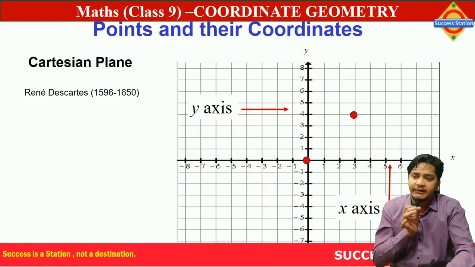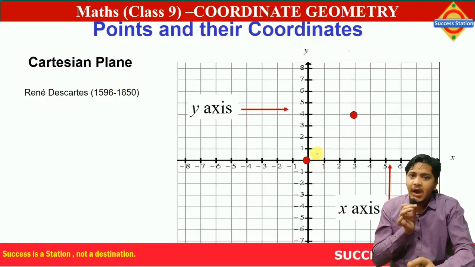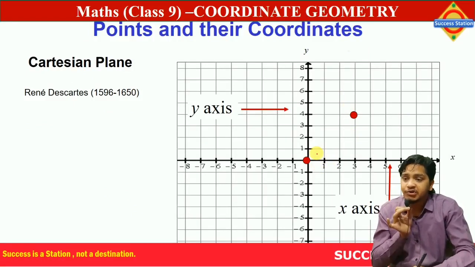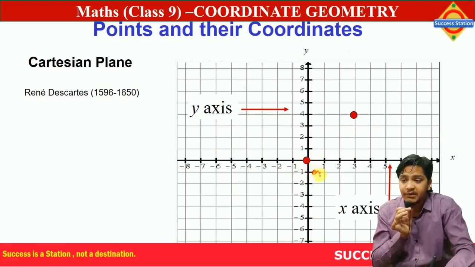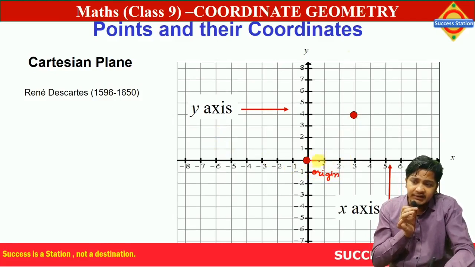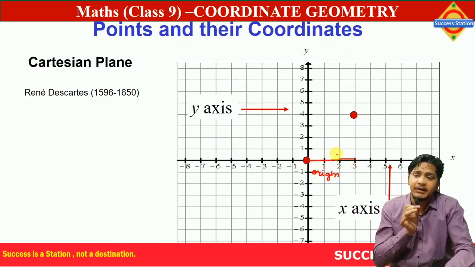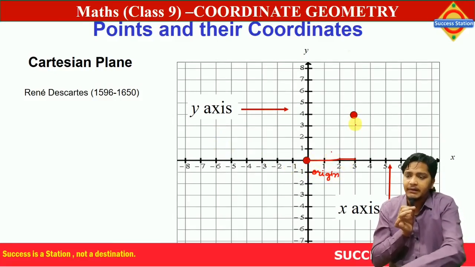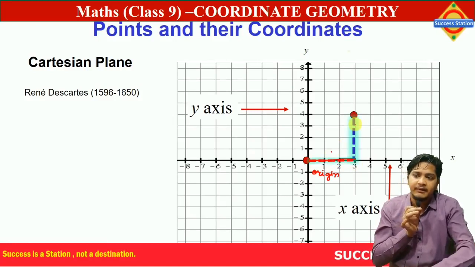So if you have a point like this, how will we reach this point? You'll start from the origin, from 0. To reach this point, I have to travel 3 horizontal and 4 vertical.